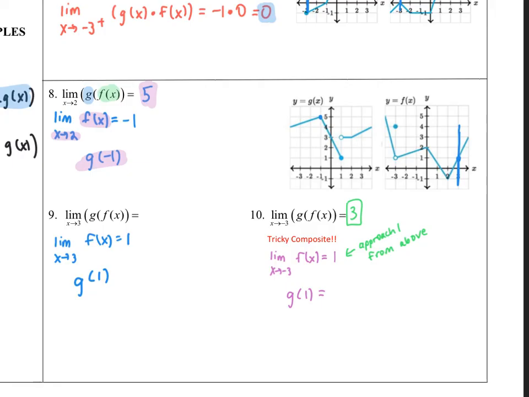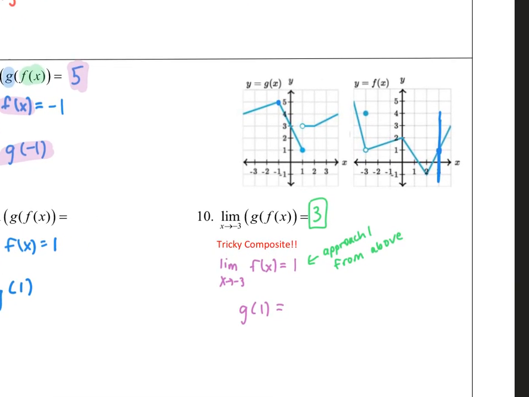The difference on this one is, if you look, as I approach that y value of 1 on the graph of f, I am coming from above on one side and from below on the other side. Notice how that was different from what happened in number 10. In number 10, as I approached that -3, I was approaching that y value of 1 from above on both sides.